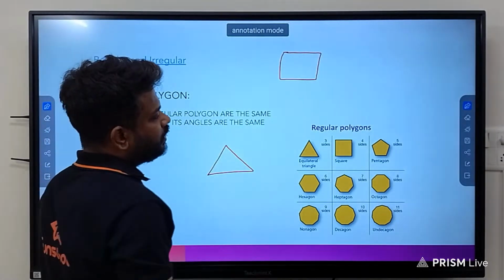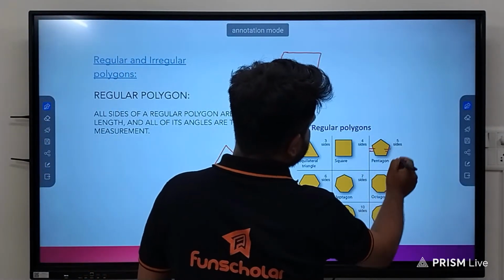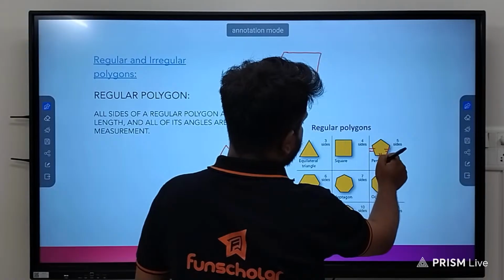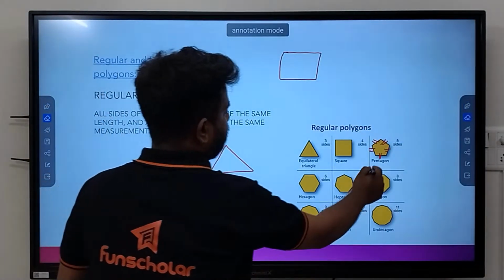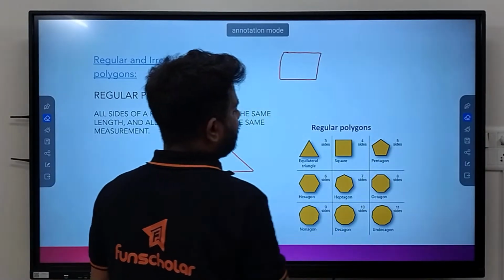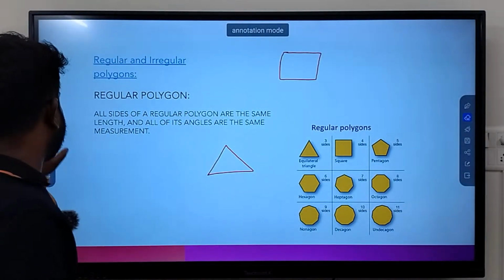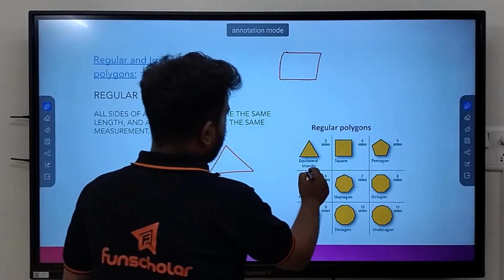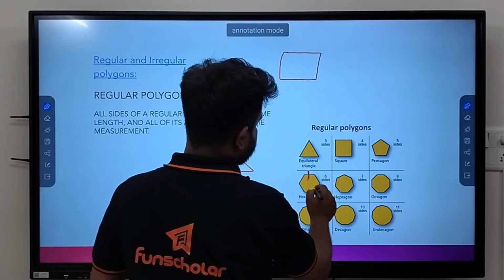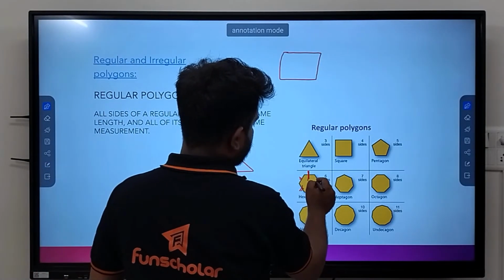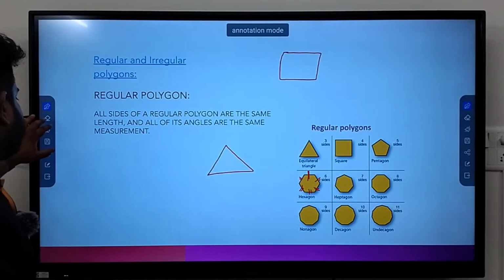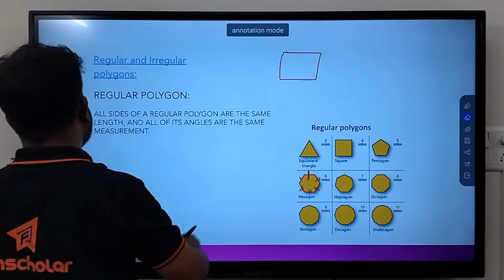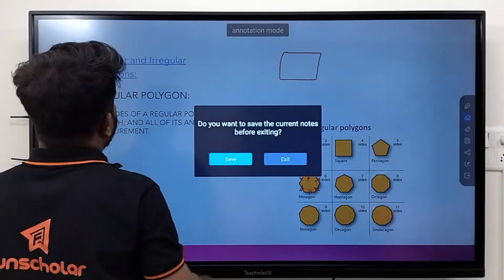And for a pentagon, this side will be equal to this side. So this will also be a regular pentagon. I'm talking about a hexagon because it has an even number of sides. All opposite sides will be equal. So that's why we are calling all these regular polygons.